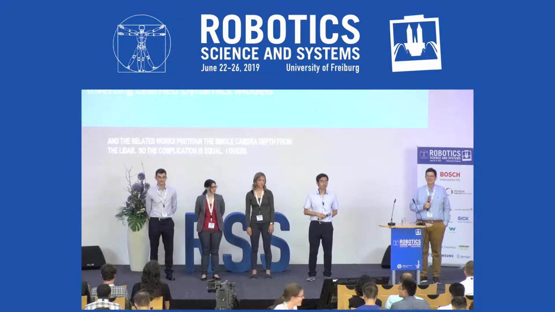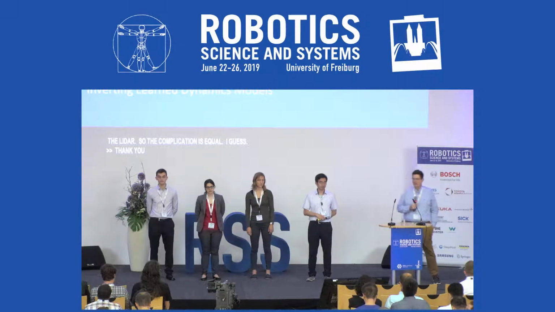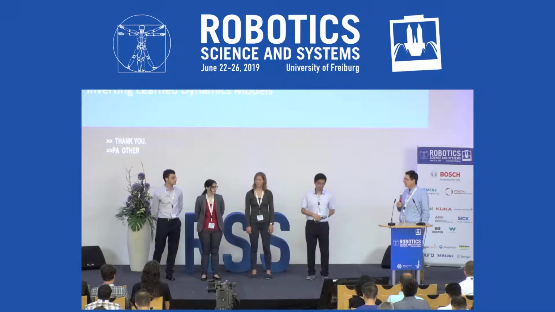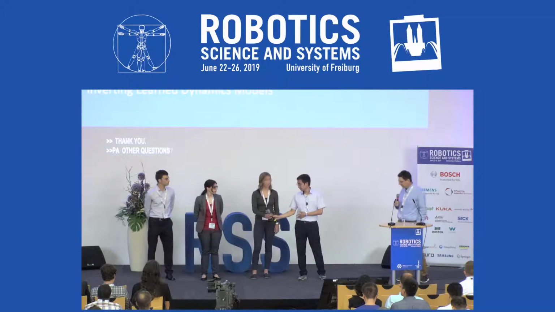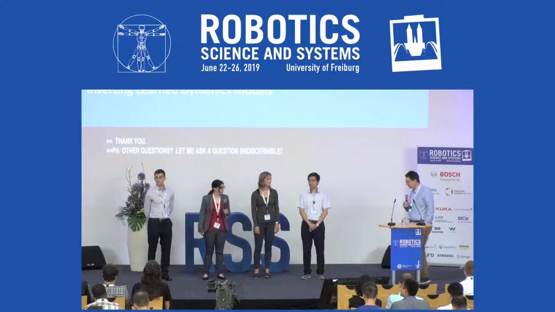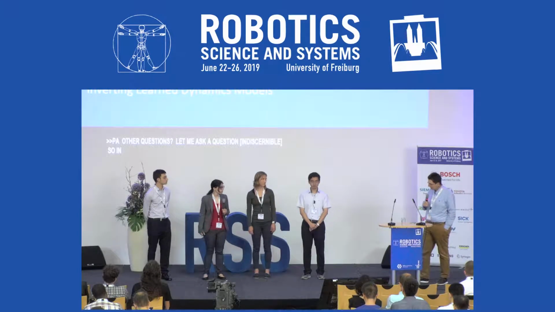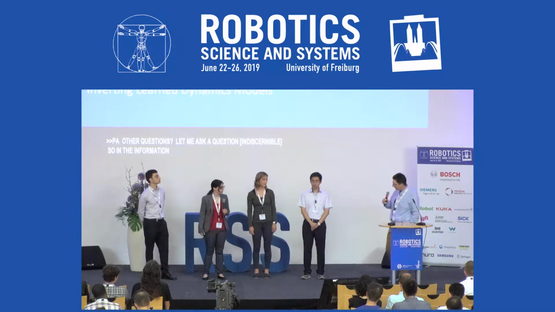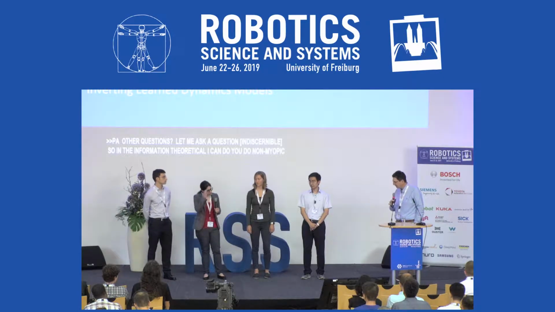Other questions? Let me ask a question to Tabib. So in the information-theoretic exploration, do you do greedy strategies or do you do non-myopic strategies for the exploration? If greedy, do you get stuck in local minima?